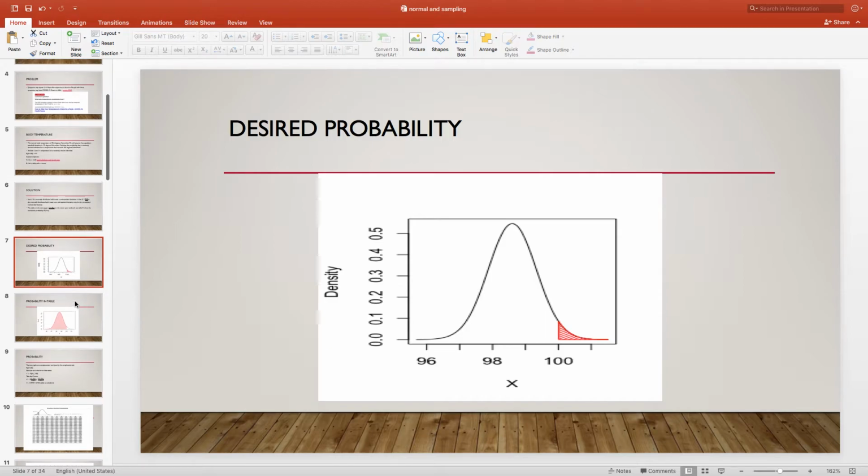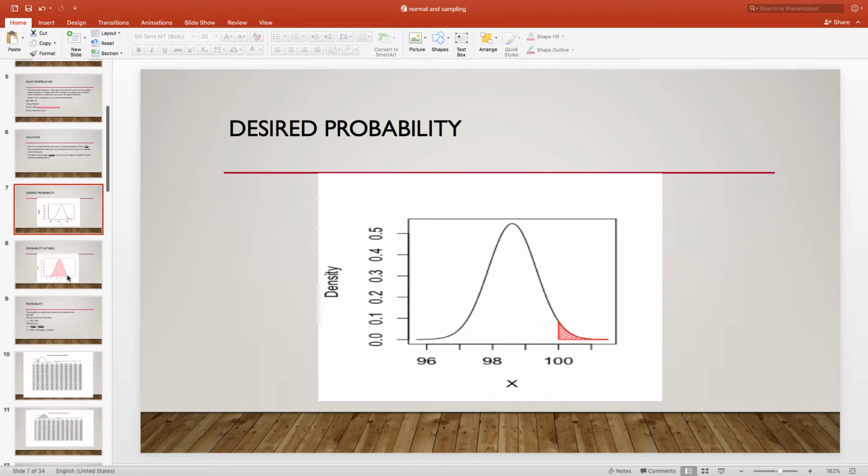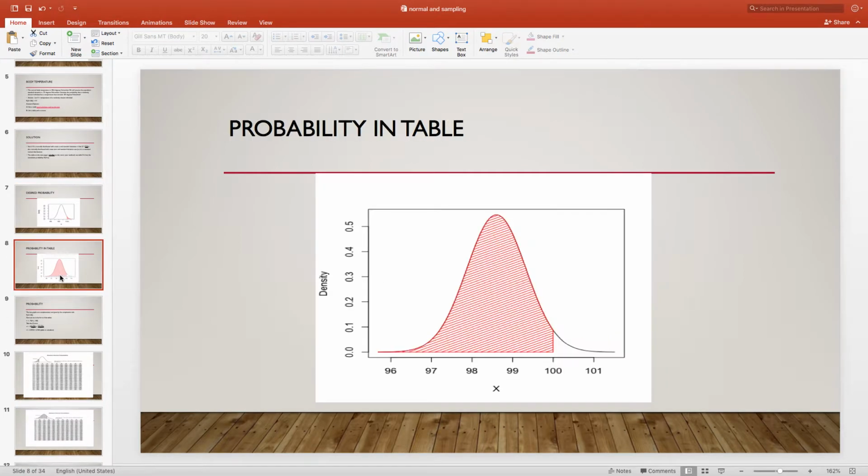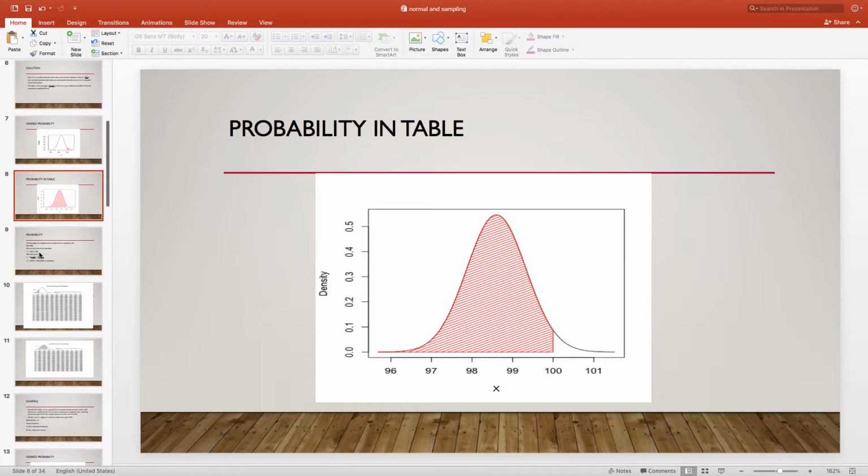But in your probability tables, if you're using section 5, what you can calculate is the probability x is less than 100. So if you want to calculate the probability x is greater than 100, you have to use the complement rule. You do the complement of 1 minus this. So let's proceed to calculate this.